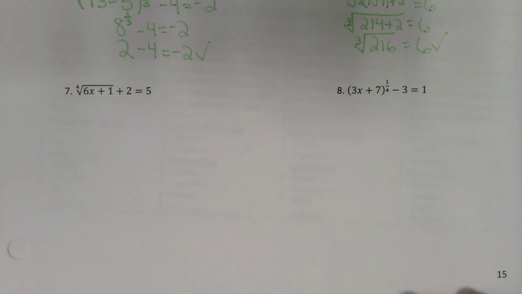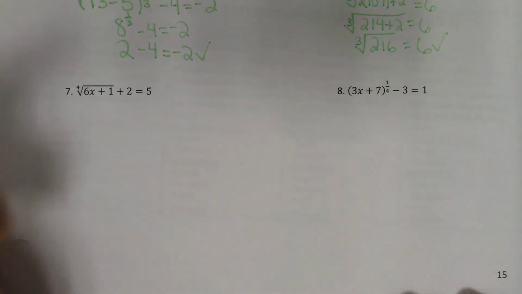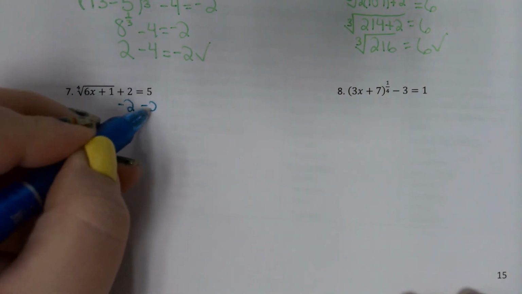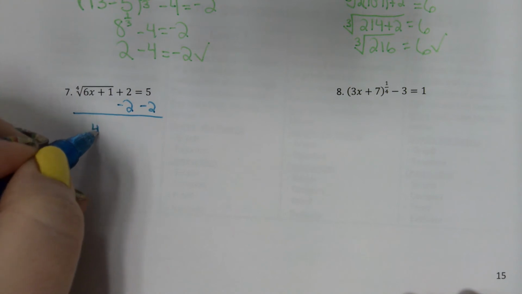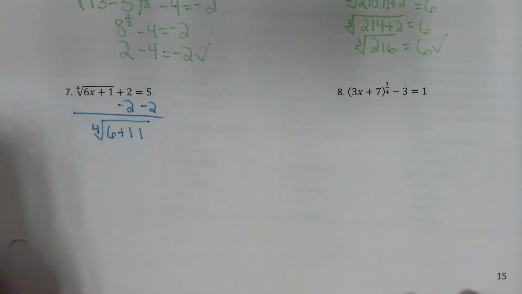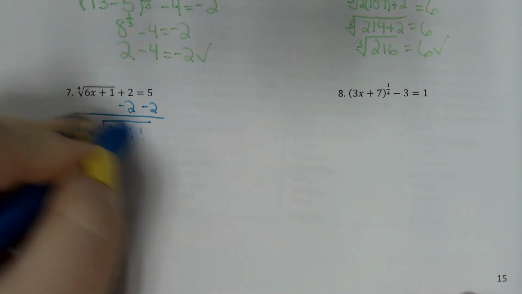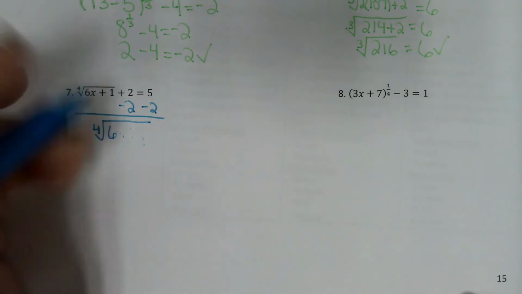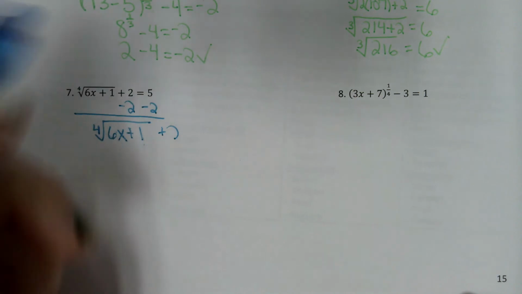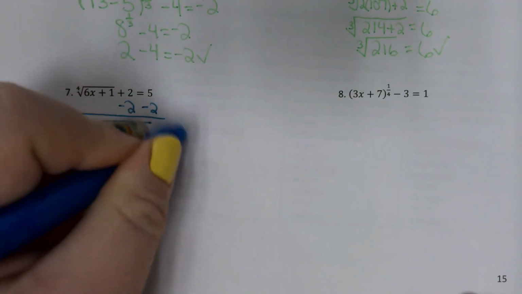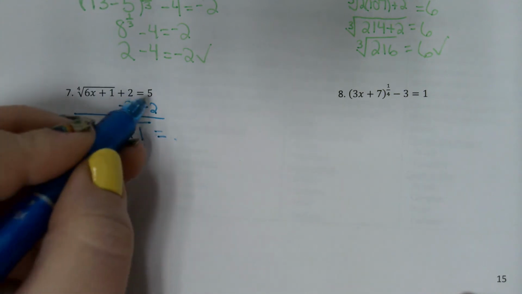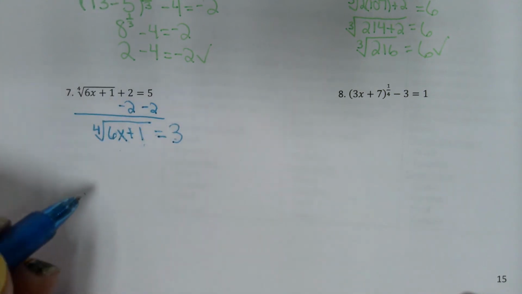For fourth root problems, the process is going to be the same, we'll get the radical alone first. So we'll subtract 2 from both sides. And we'll have fourth root of 6x plus 1 equals 5 minus 2, which is 3.